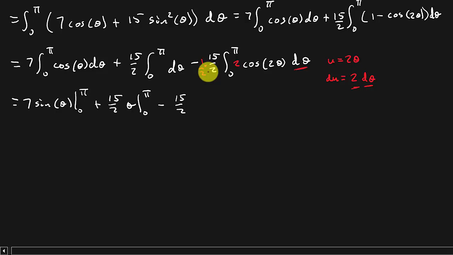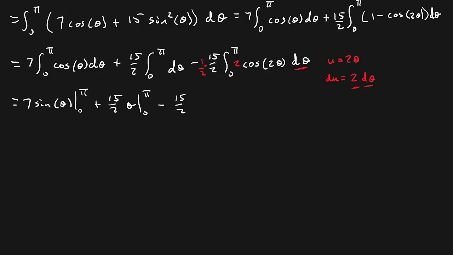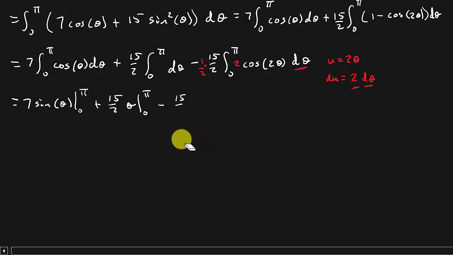That's the same thing as multiplying by 1. And so this is actually going to give me 15/4 of cosine u. Replacing the 2 theta with u, and the 2 d theta I'm replacing with du.